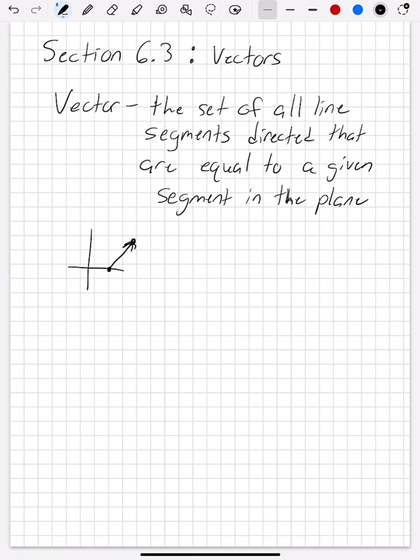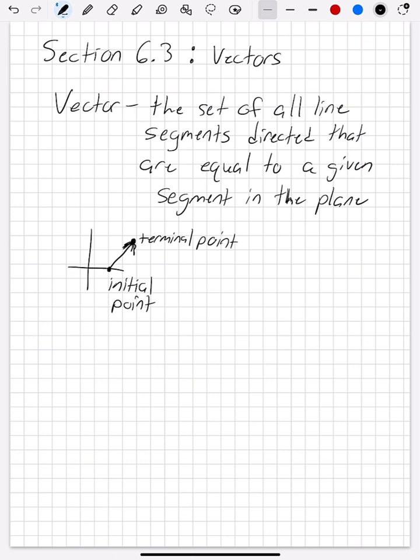Okay, so that vector will go to here, but it moves in this direction from the lower point to the higher point. That's all the vector is, okay? The starting point is called the initial point, and the point with the arrow is called the terminal point, and the arrow just helps us denote the direction that the vector is heading in, okay?